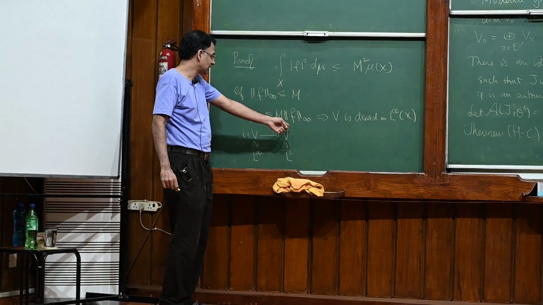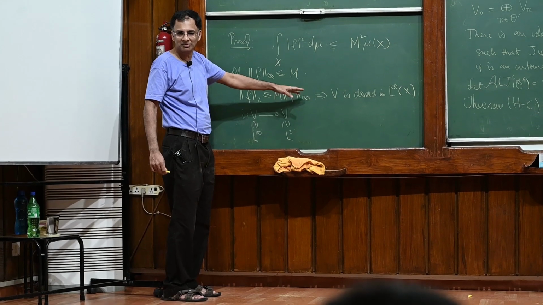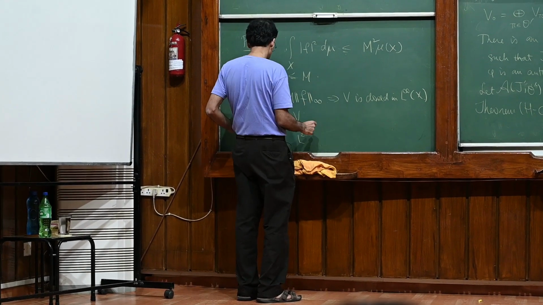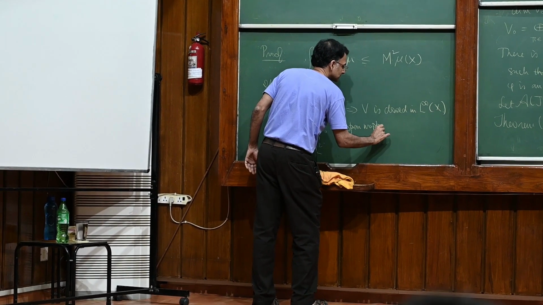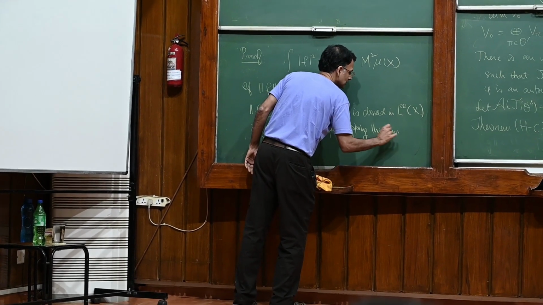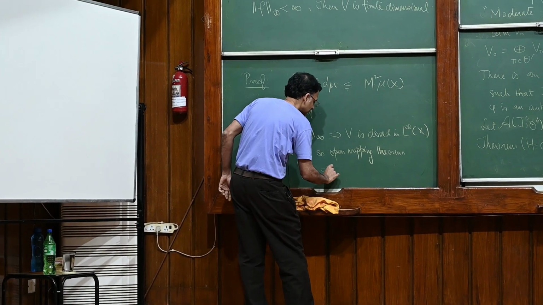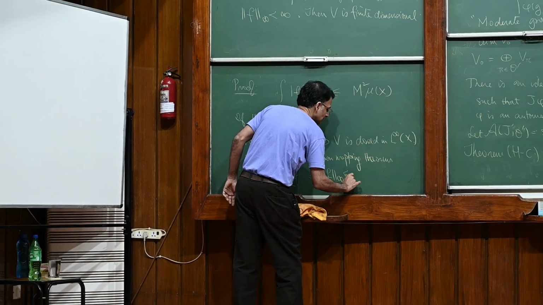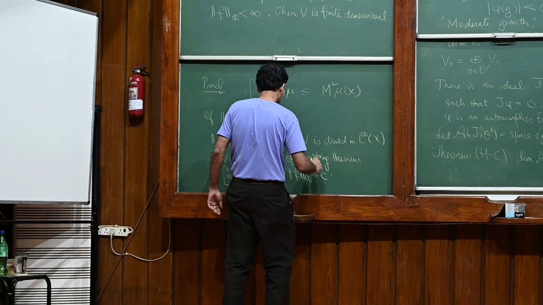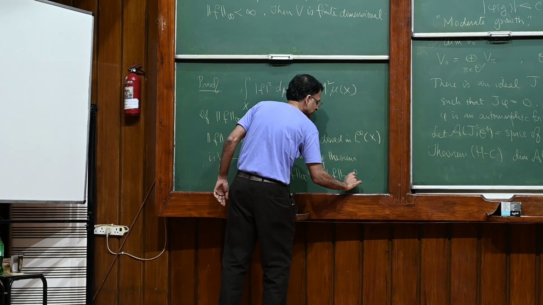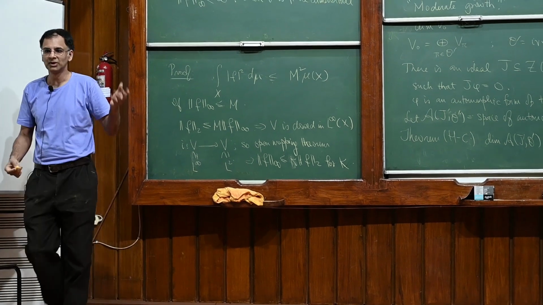It is obviously bounded, and of course it's bijective on V. So by the open mapping theorem, the inverse is also continuous, which means that the L infinity norm is bounded by the L2 norm up to some constant, C times the L2 norm. So open mapping will tell me that.